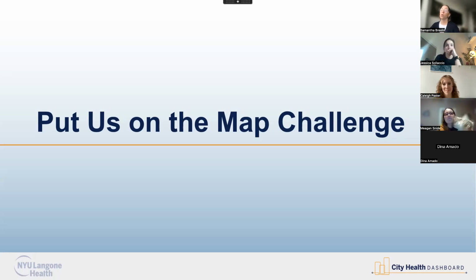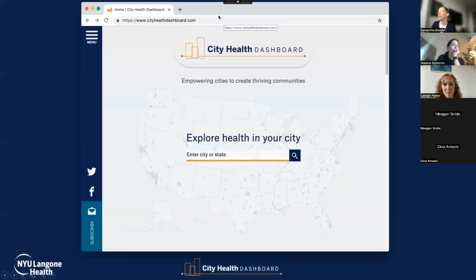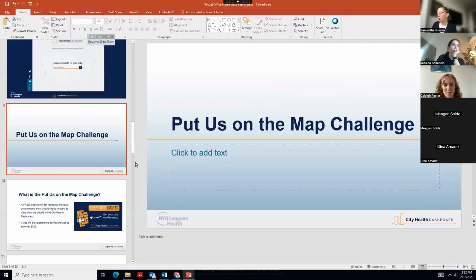In the beginning we were strapped by the data sources we use, because a lot of data sources don't provide data for places smaller than 50,000, or the data exists but is not analyzed. So it's been a main priority of ours to figure out how to bring that data to smaller and smaller places.